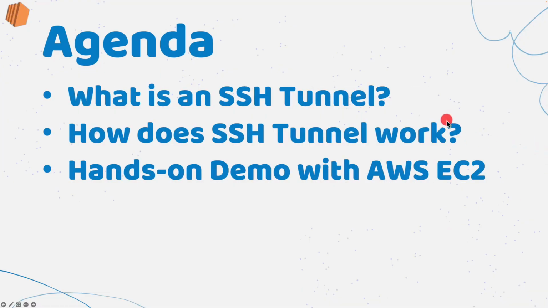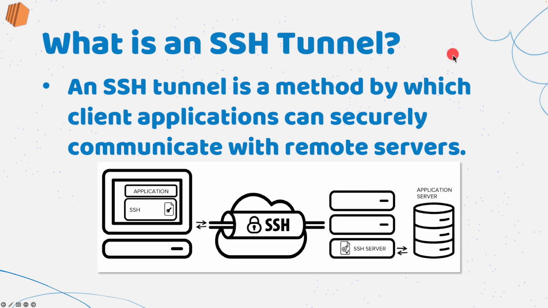In this video, we'll cover the SSH tunnel concept, how it works, and a hands-on demo using AWS EC2. What is SSH tunneling? SSH tunneling, or port forwarding, allows you to securely route network traffic from your local machine to another device over an encrypted SSH connection.